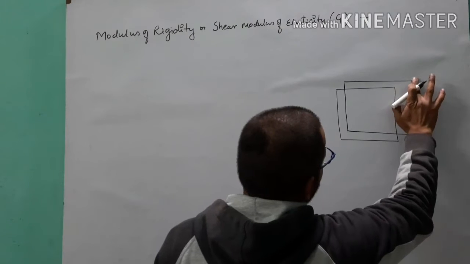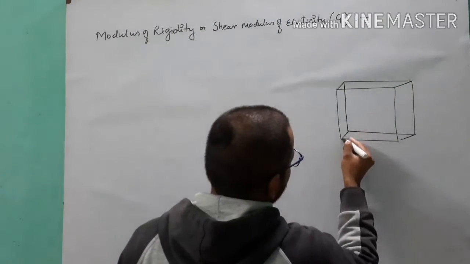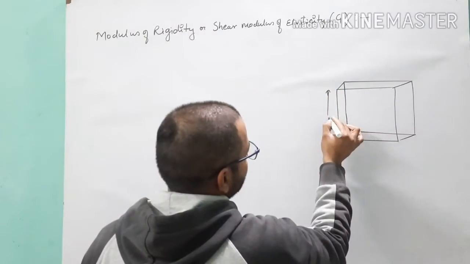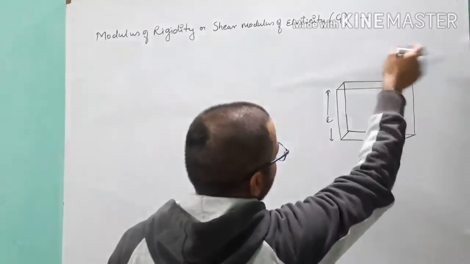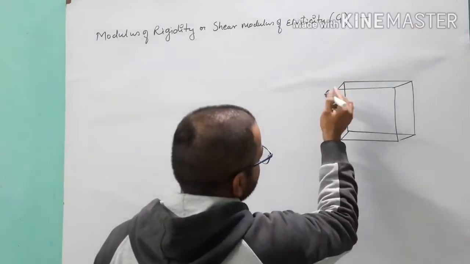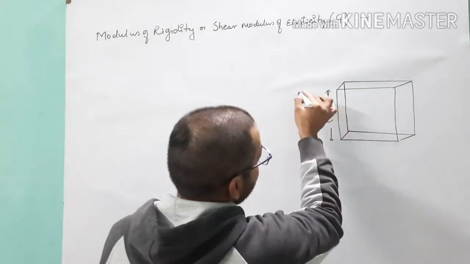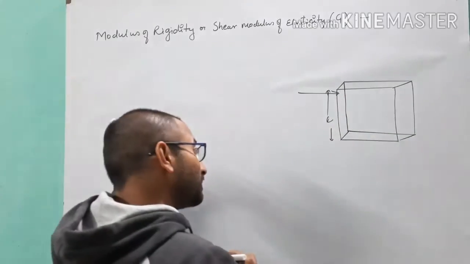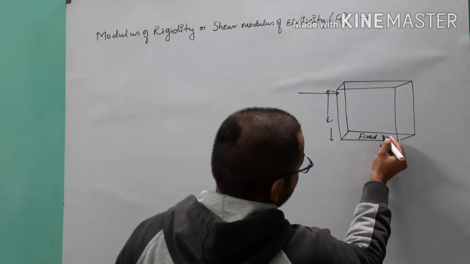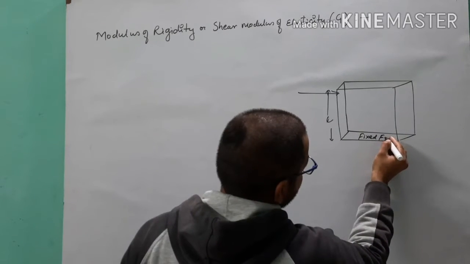So for that I am making a rigid body, like a cube, having length L, breadth L and height L. Here I am applying some tangential force on the upper surface, so that the base surface is fixed.